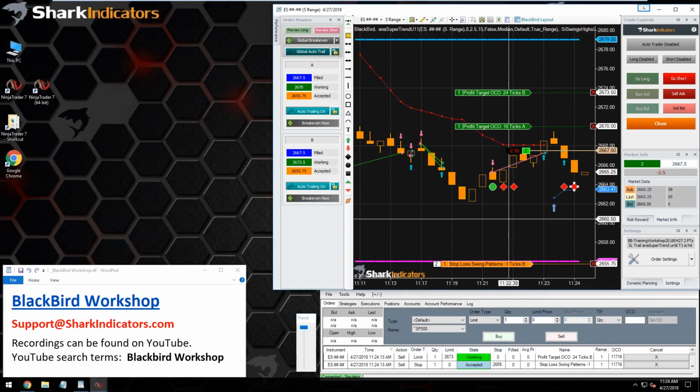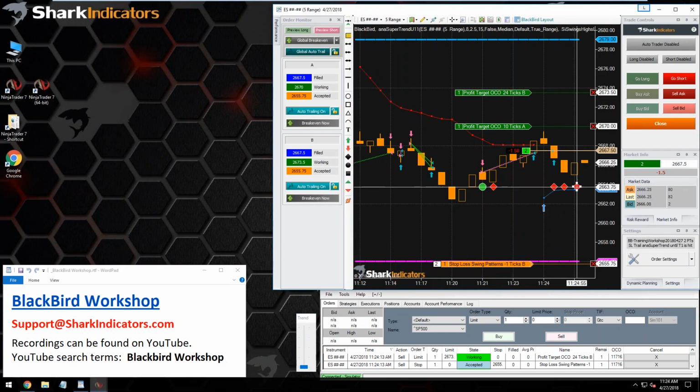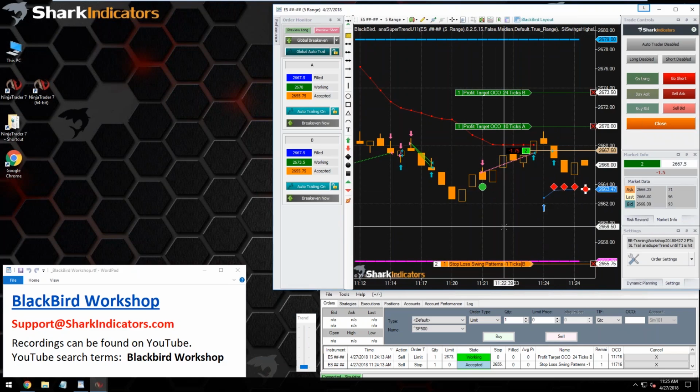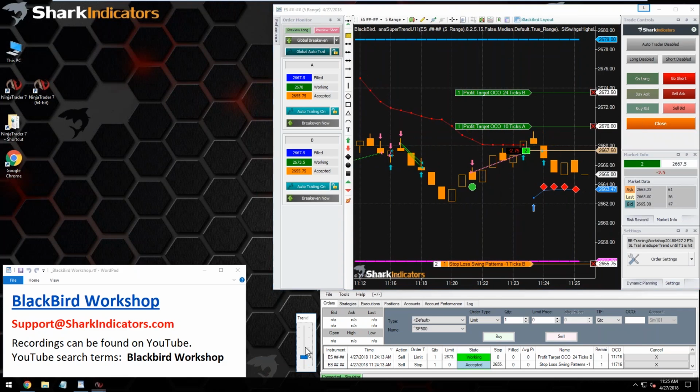Okay, second bar is in a losing position. Okay, third bar is in a loss. All right, and so when this fourth bar closes, our trade should close out, I believe.